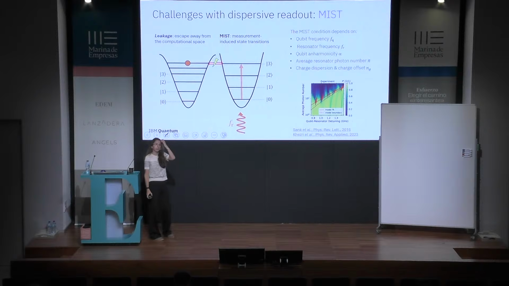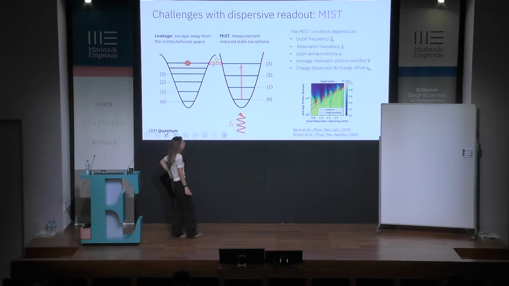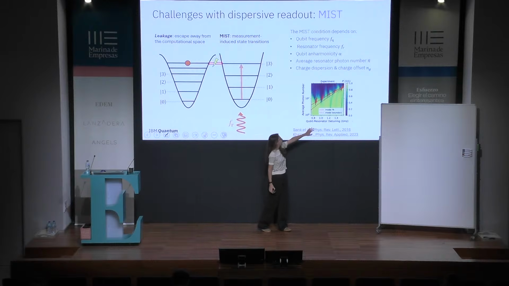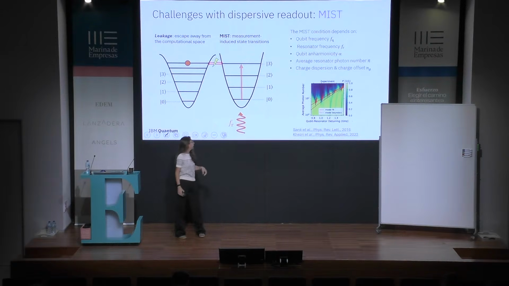So if you're interested in this topic, there is plenty of work available of very recent experiments and theory investigations that people have done in the past, and they are all really interesting, and this is advancing super quickly. You see here one example where we are plotting the probability of leakage, so the more black it is, or the more blue, the worse, as a function of the photon number and the detuning between the resonator and qubit.